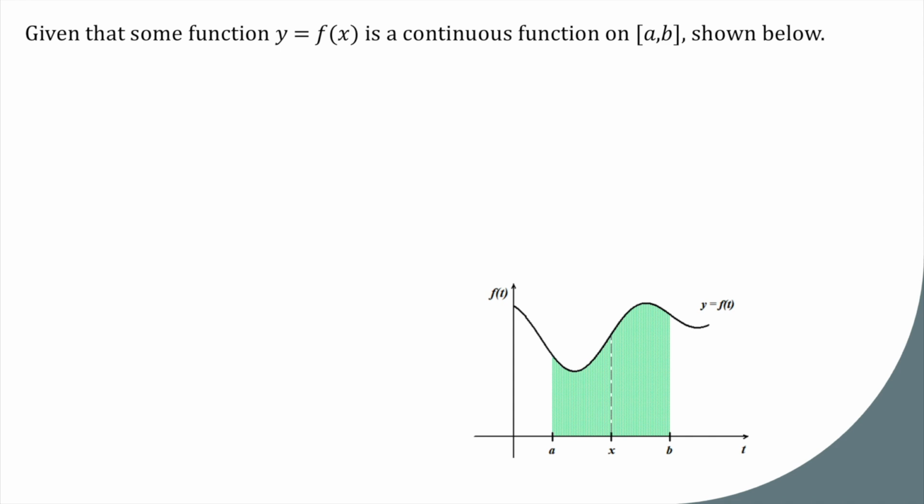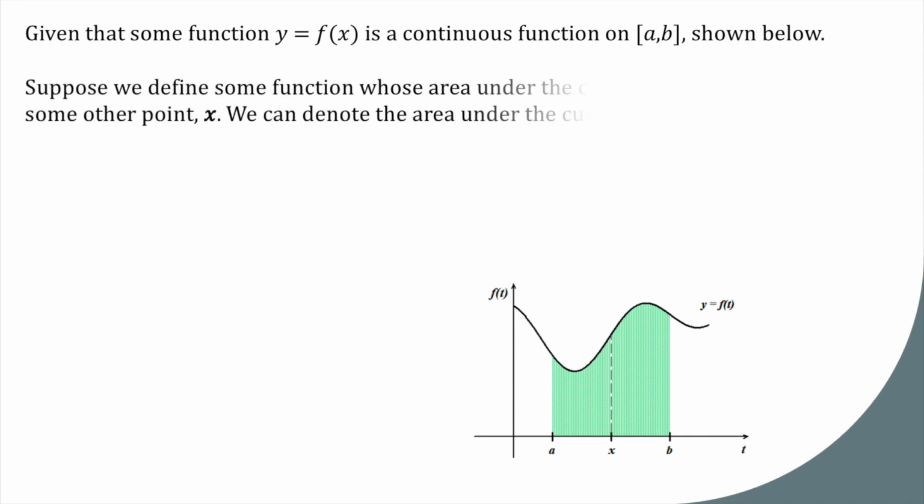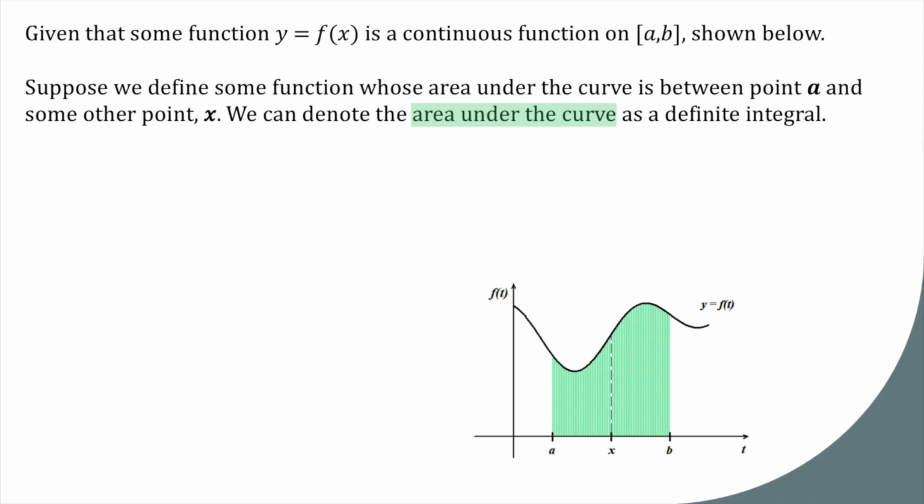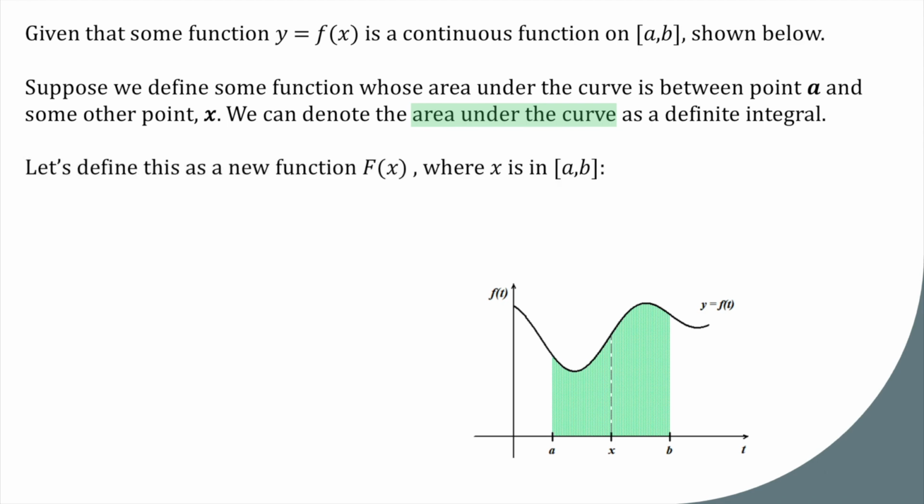Given that some function y equals f of x is a continuous function on [a, b], shown below, suppose we define some function whose area under the curve is between point a and some other point x. We can denote the area under a curve as a definite integral.